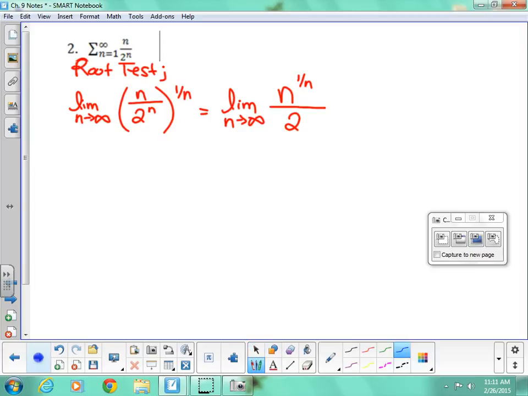Limit as n goes to infinity. What is this approaching? 0, right? So it's 1 over 2 also. I forgot this. Yeah.